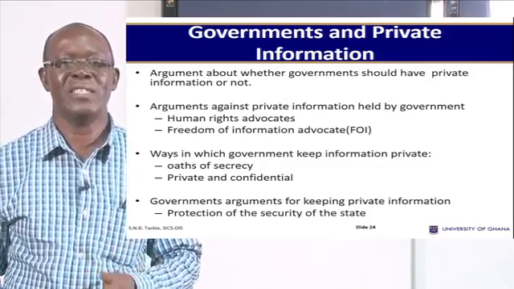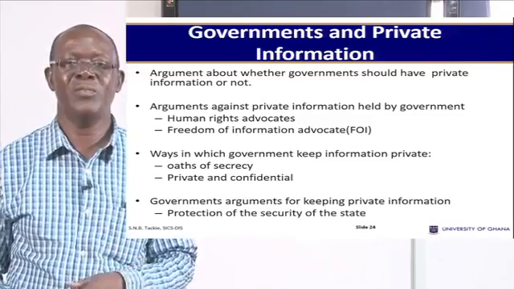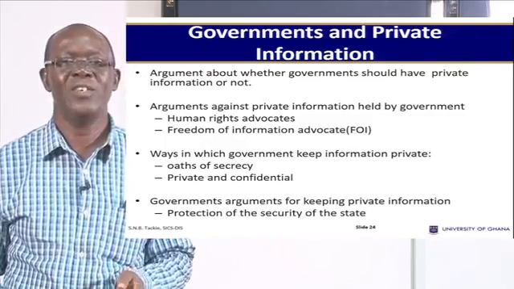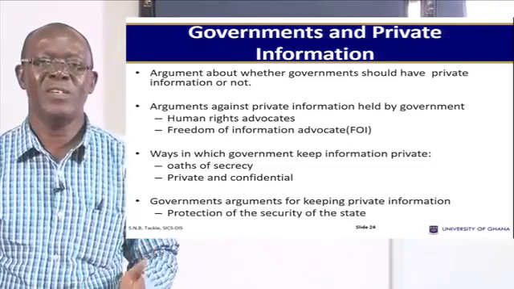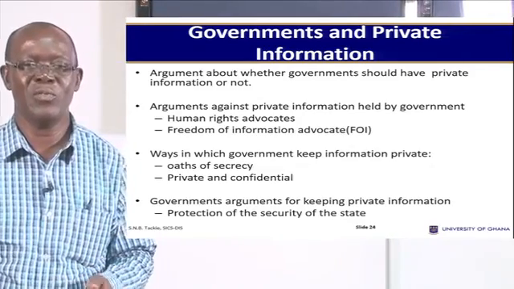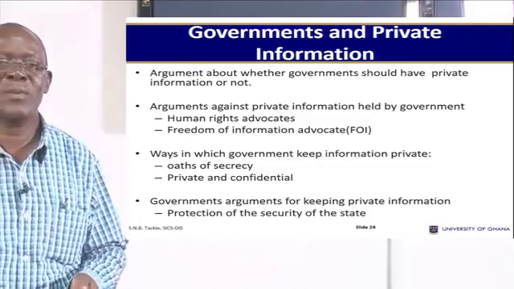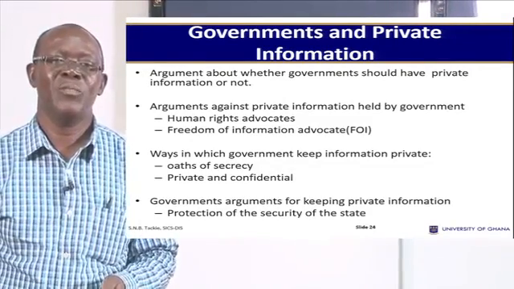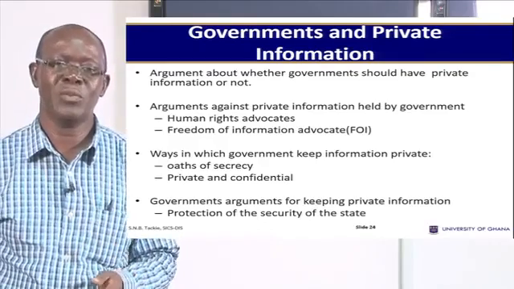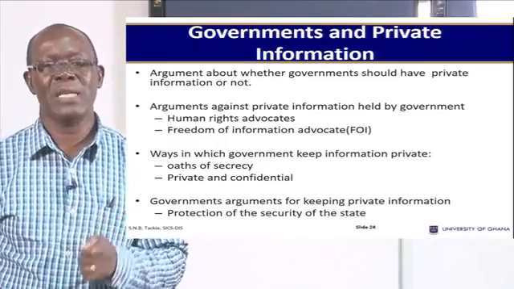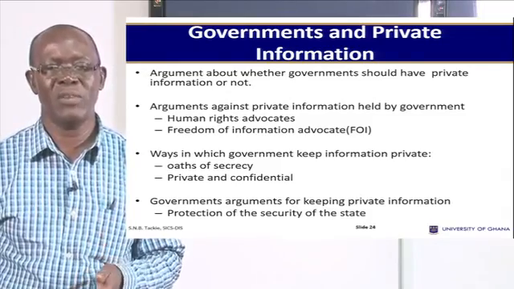A transaction that had taken place more than 2 years ago, we never heard about it until a journalist brought it out, and it became public domain information. These things happen all the time. People think that those are the things that promote corruption, that is, governments' attempts to hold information private.